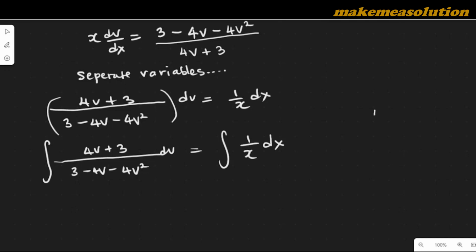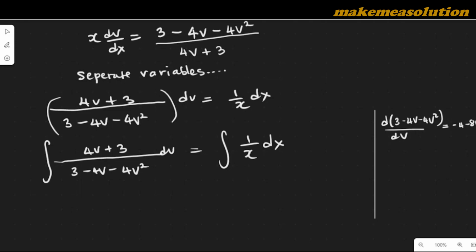Okay, our usual trick. So our usual trick is to consider the d of (3 minus 4v minus 4v squared) with respect to v. So when we differentiate it, we are going to get minus 4 minus 8v. Is that okay? So minus 4 minus 8v.